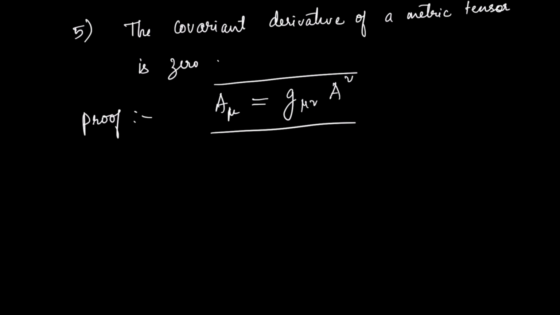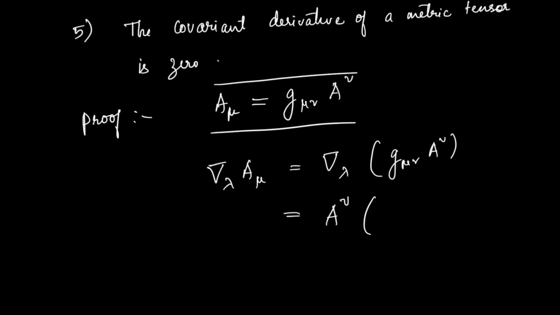Now I take the covariant differentiation of the covariant tensor A mu. So on the right-hand side also I have to take the covariant differentiation. Now I apply the Leibniz rule, which states that A nu I can take outside and the derivative of G mu nu, plus G mu nu I can take outside, the derivative of A nu.